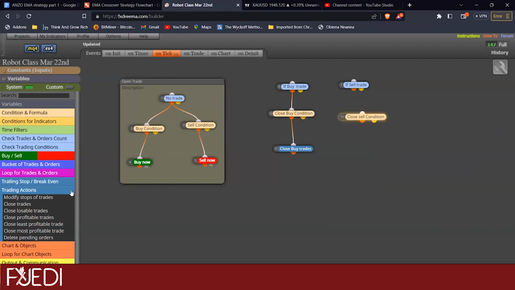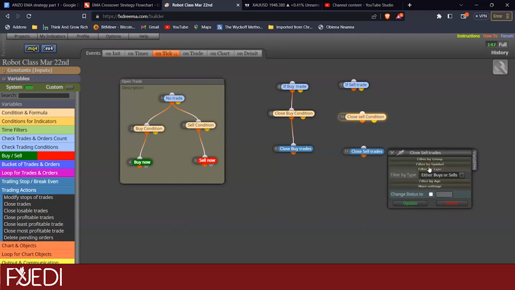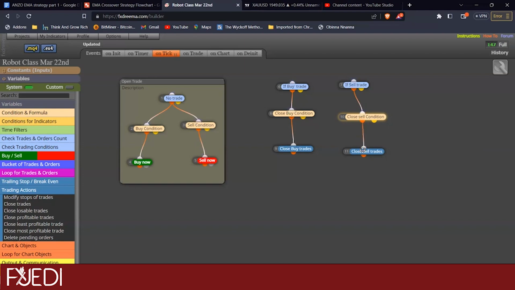And then we click on updates. And then what we want to do is close trade. So we want to close the sell trade. So we can modify this and say close sell trades. And make sure we adjust it to close only the sells, right? To close sells only, click on updates and connect this to this and connect this to this.